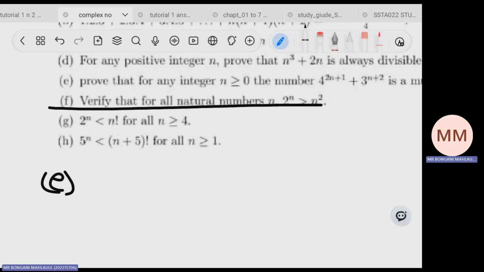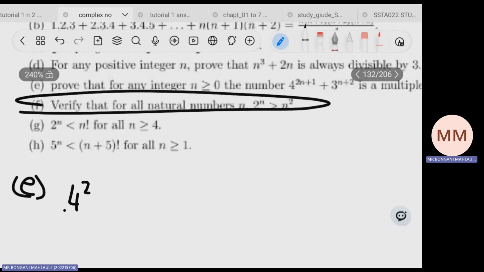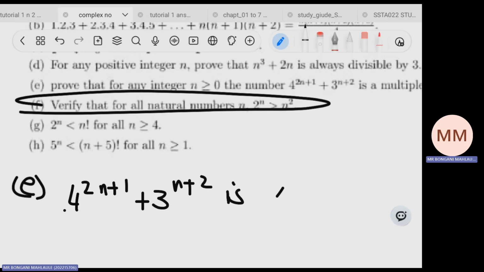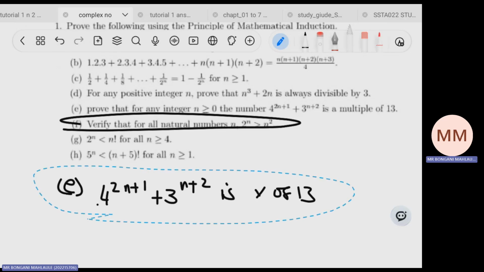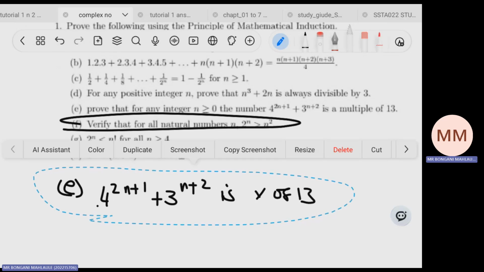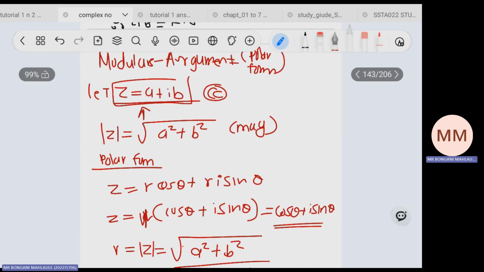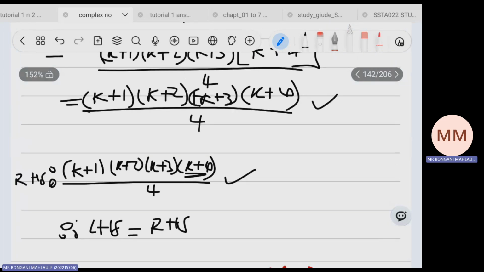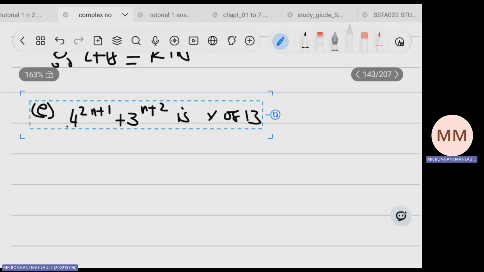You'll try letter E, letter F. So they are saying prove that for the integer n greater than 0, you have this, is a multiple of 13. So we're having that.